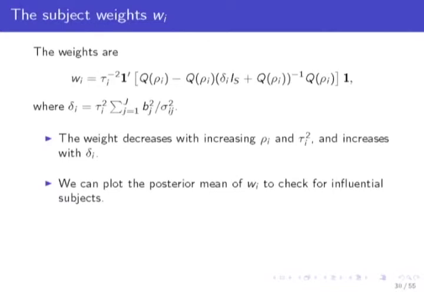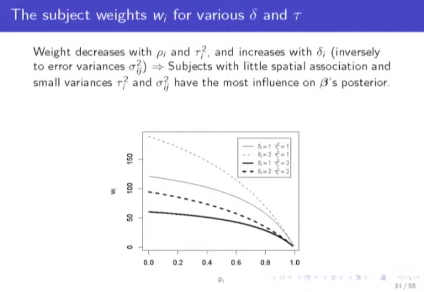So what it means is that the weight decreases with increasing rho and tau and increases with delta i. I'm going to show some plots. Here on the x-axis are my rho, the spatial association going from 0 to 1, and on the y-axis you can see wi, that the weight decreases with rho and tau and increases with delta.